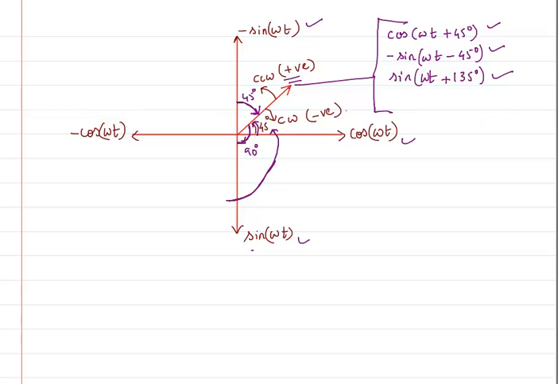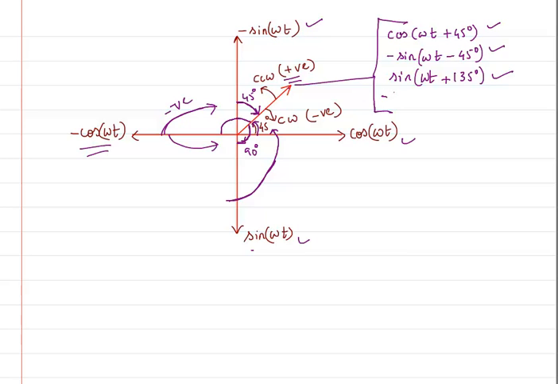Now this one is remaining: minus cos omega t. I can move in either this direction or even this direction. Whichever direction I want to move, I can move. Let's suppose I am going in this direction. This is the negative direction, because it is going clockwise. How much is it traveling? From here, 90 degrees plus 45, which is 135, so it is minus 135.